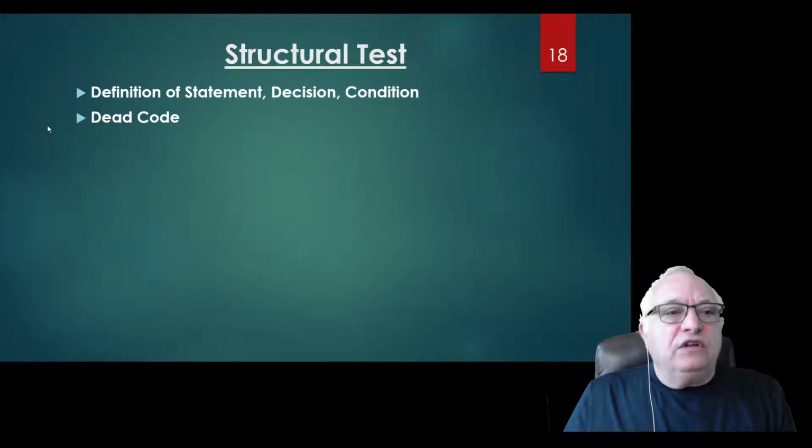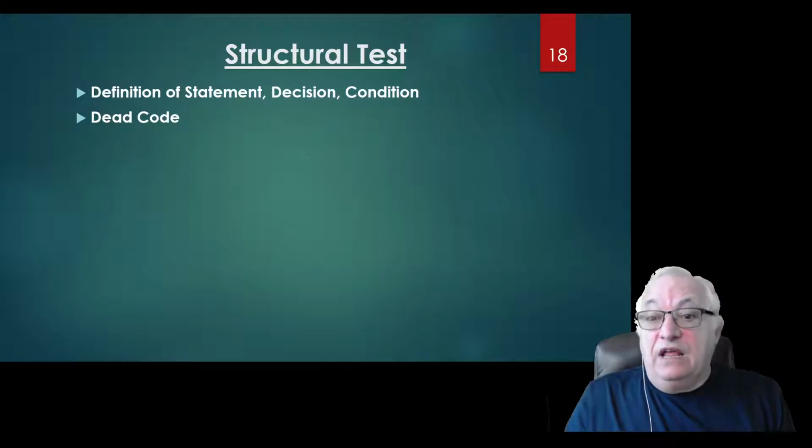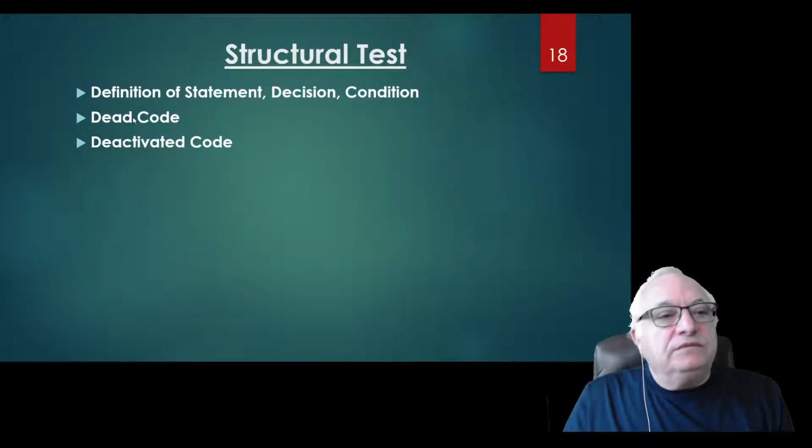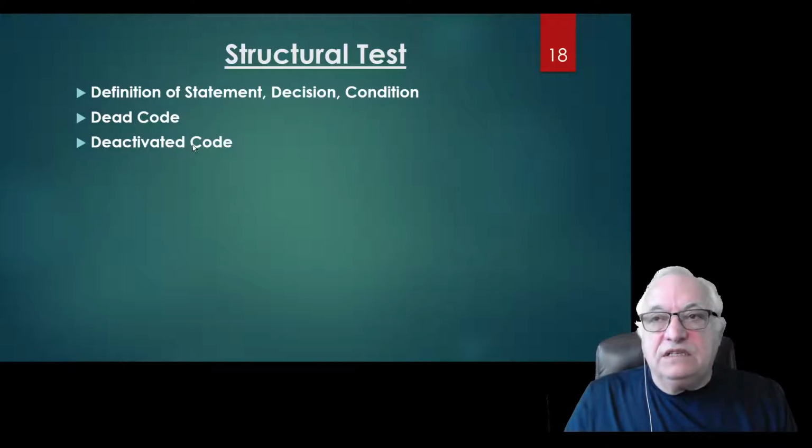What they thought was dead code turned out to be exercised only because their verification program was no good. It was not dead code. Then we have the deactivated code. Another example would be if you go from one type of hardware to another, you may want to deactivate some of the code that is not needed anymore.